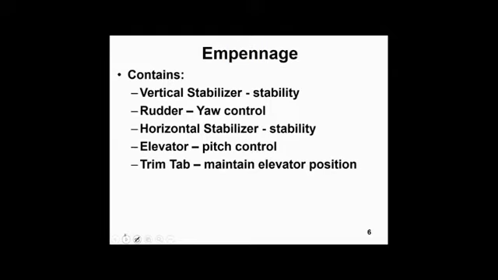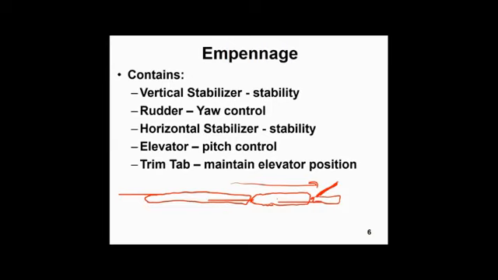Trim tab. The trim tab is there to maintain elevator position. So say here is our horizontal stabilizer, and then here is our elevator, and then we could put a trim tab on the end of it. If we move the trim tab up, the airflow is going to hit it and push this whole elevator down.